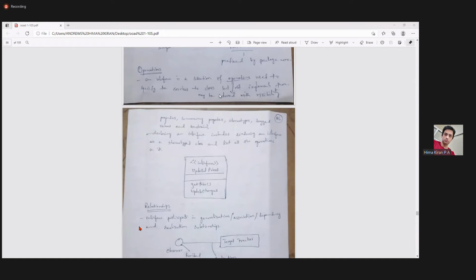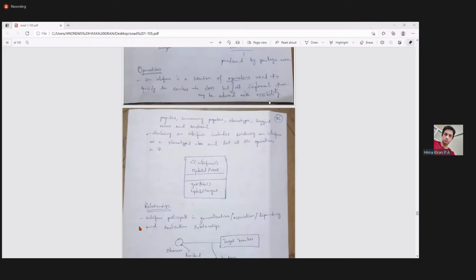And these operations can be or cannot be adorned by visibility. These visibility markers we can use, or there is no rule to use the visibility markers. But if you want to be more specific about the type of operations which we are using, then we need to go for these visibility markers.